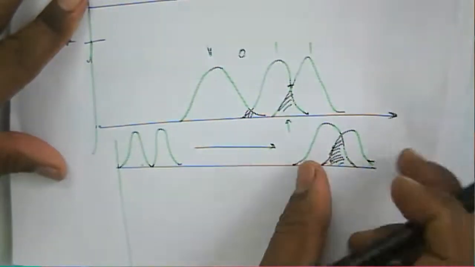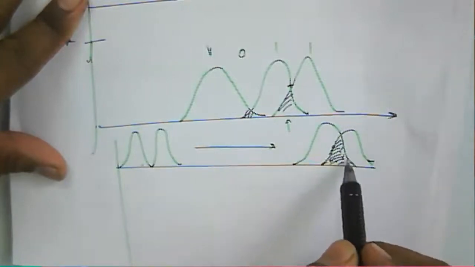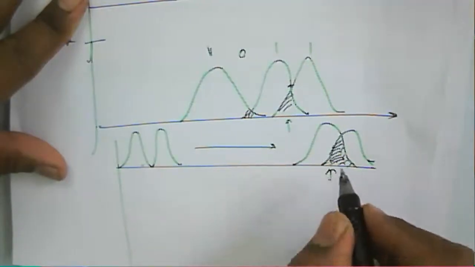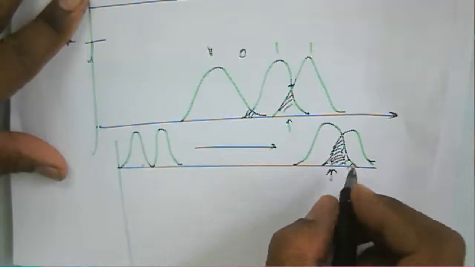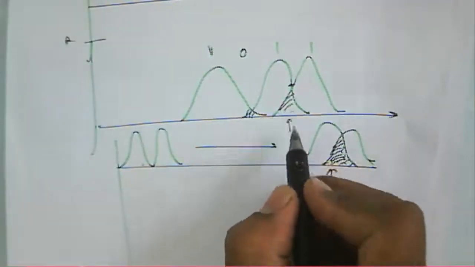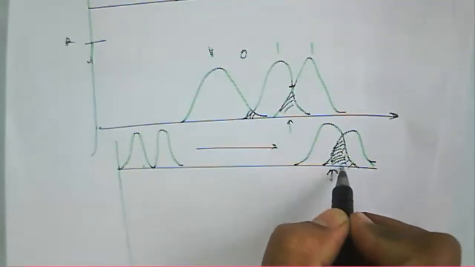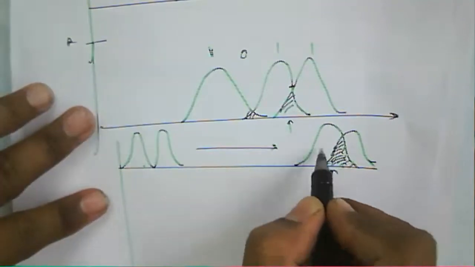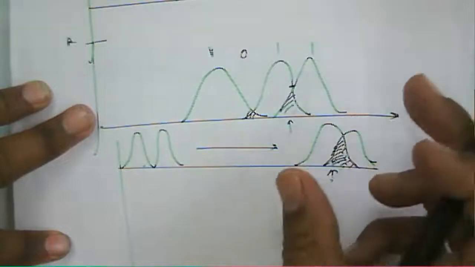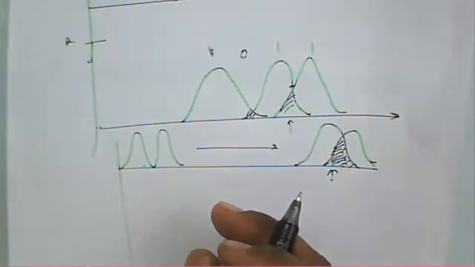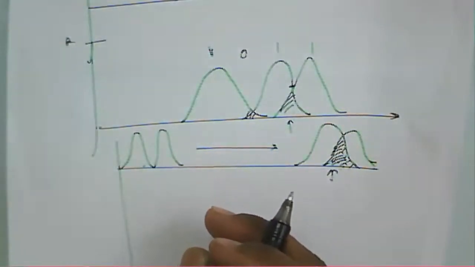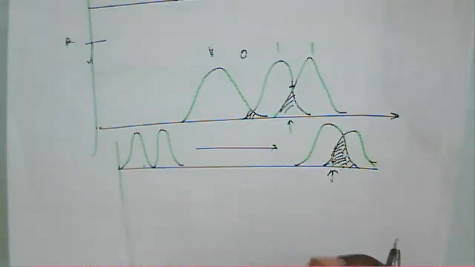It is again broadened here, and this particular portion is nothing but intersymbol interference. We are not able to identify that 1 here, or which information that value belongs to.